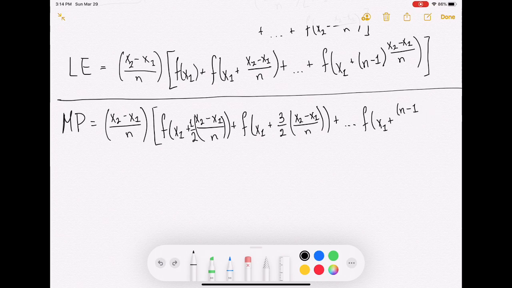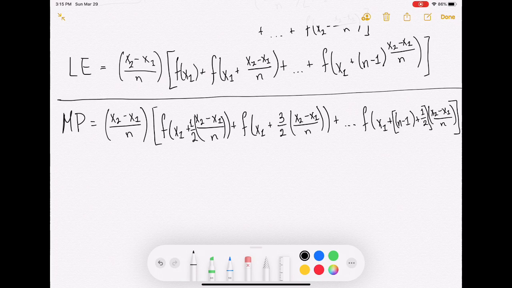I'll rewrite that for you. This is n minus 1 plus 1/2, times x2 minus x1 divided by n. And that looks terrible, but it'll make more sense when we do it as an example. So I'm going to leave it like that for now. It'll definitely make more sense when we do it as an example.